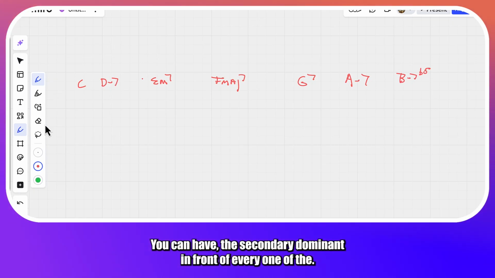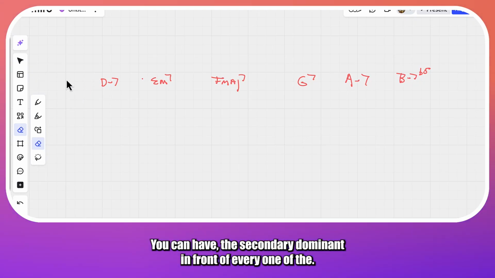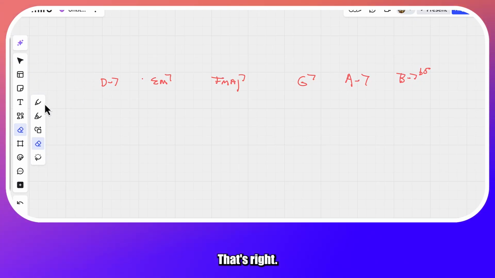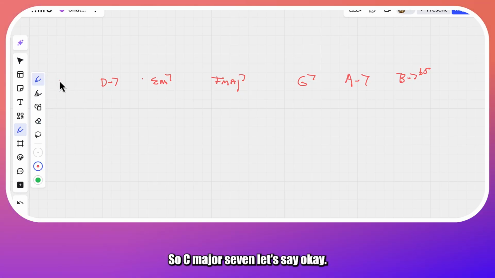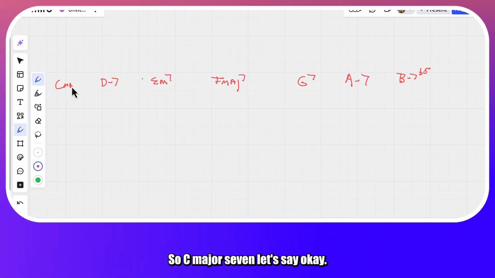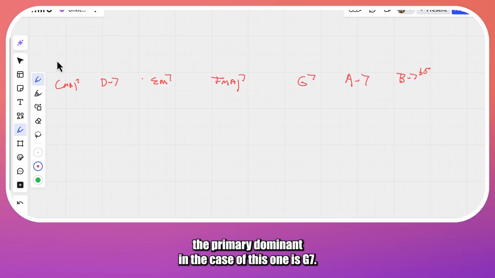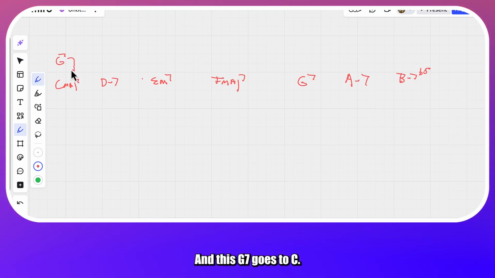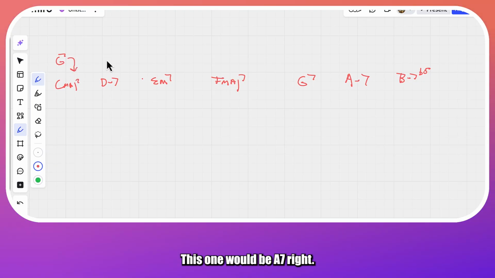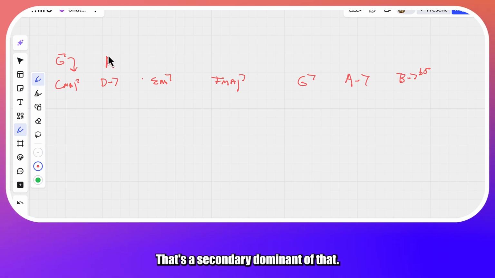You could have the secondary dominant in front of every one of those. So C major 7, let's say. The secondary dominant in front of that, or the primary dominant in the case of this one, is G7. And this G7 goes to C. This one would be A7, that's the secondary dominant of that.